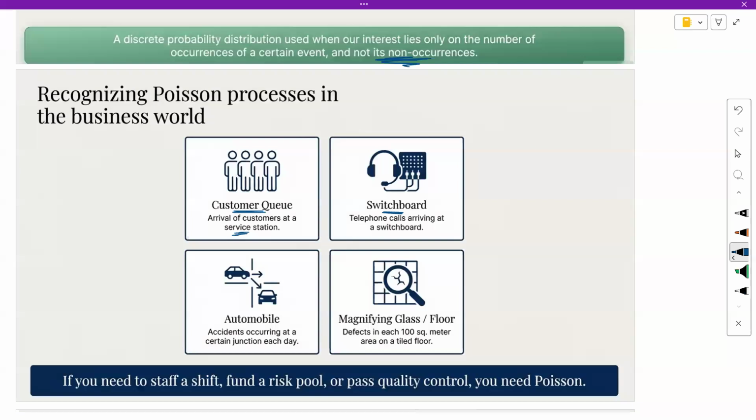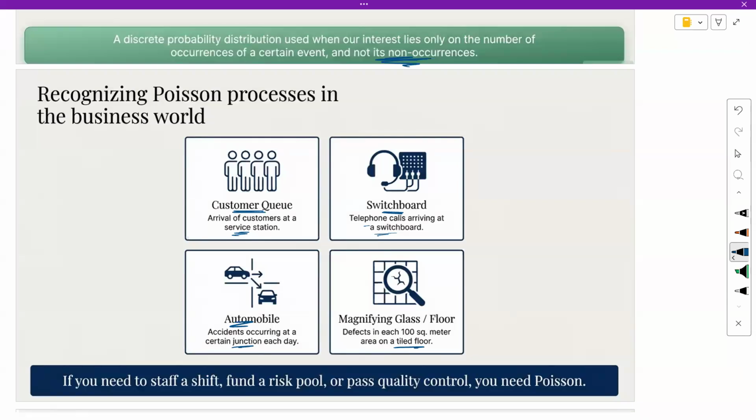Here, the switchboard: how many calls does that particular switchboard receive, telephone calls arriving at the switchboard. Automobile accidents occurring at a certain junction each day. Defects in each 100 square meters area on a tiled floor or in fabric.